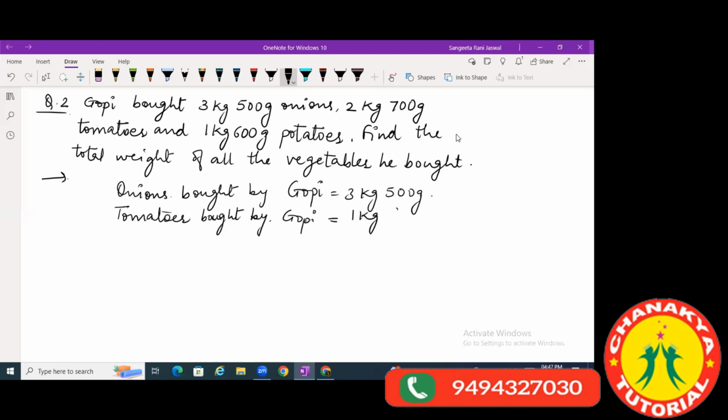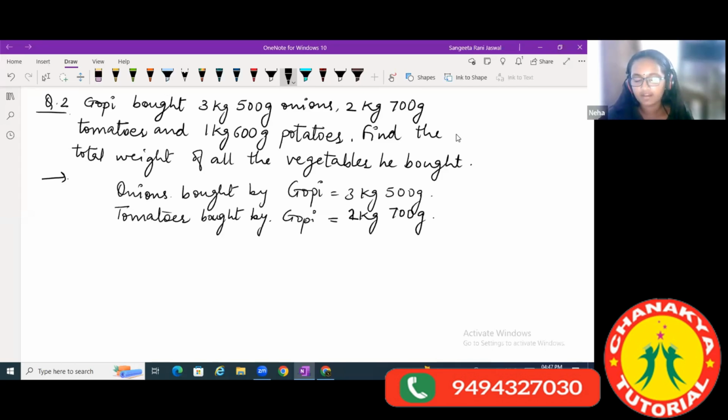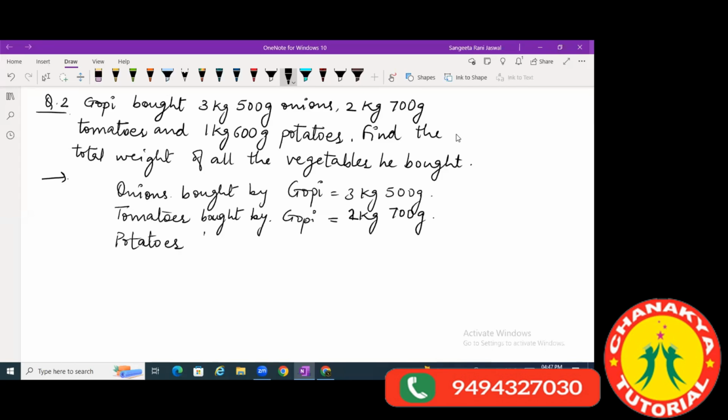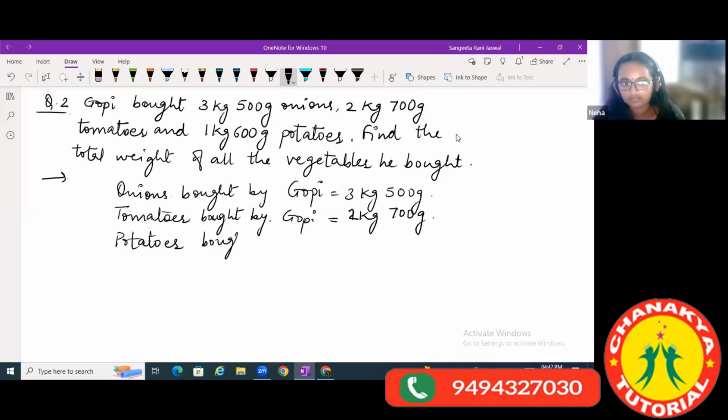Okay, 2 kg, 700 grams. Okay. Adya, what will be the next thing? Adya, your mic is not working. 1 second. Neha, you tell me what is the next statement. Potatoes bought by Gopi is equal to 1 kg 600 grams.